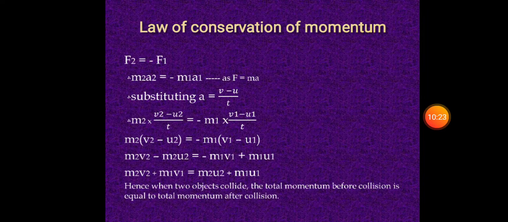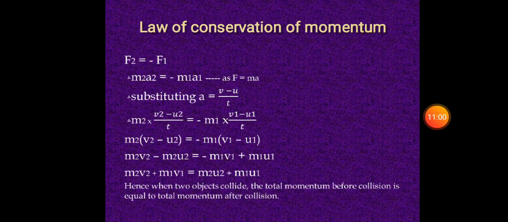We get m2 multiplied by (v2 minus u2) upon t, which is equal to minus m1 multiplied by (v1 minus u1) upon t. t and t will get cancelled. Therefore, it will be m2 into (v2 minus u2), which is equal to minus m1 into (v1 minus u1).